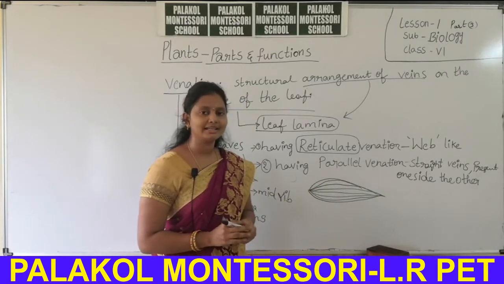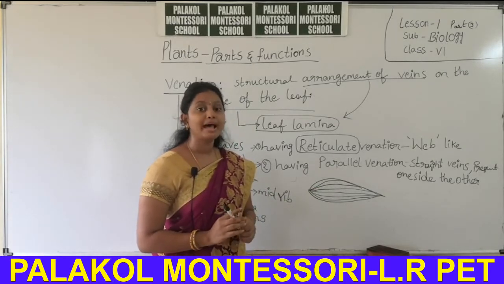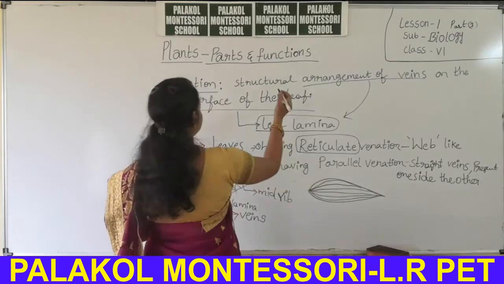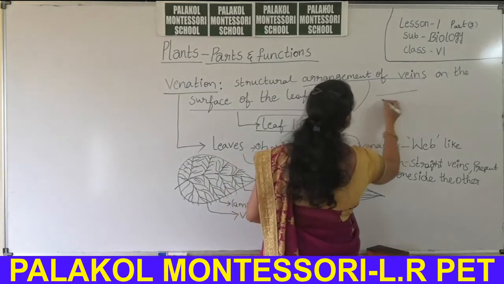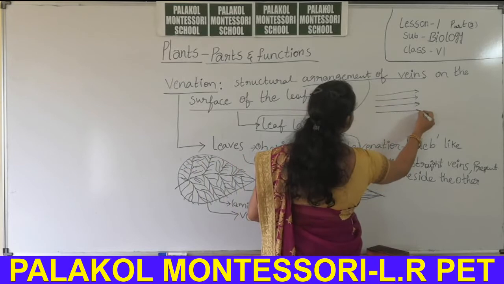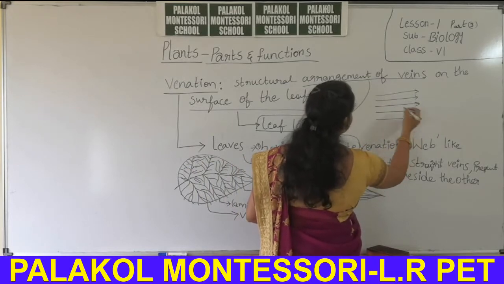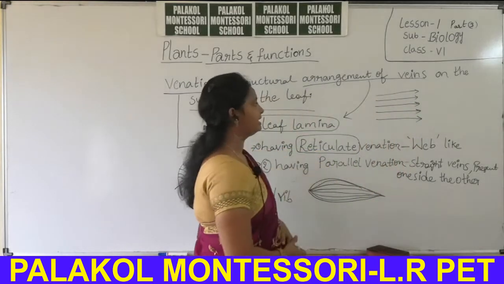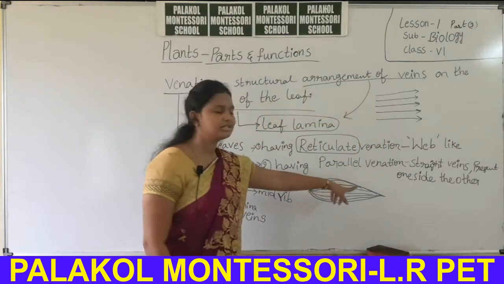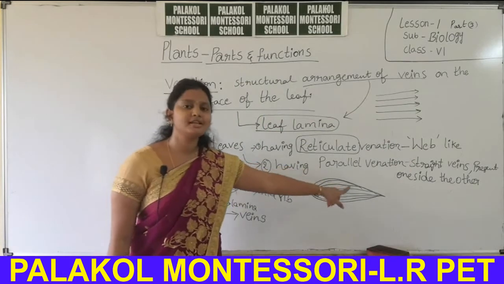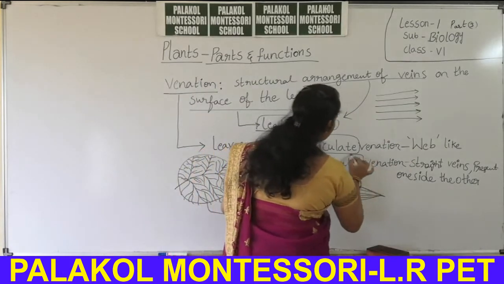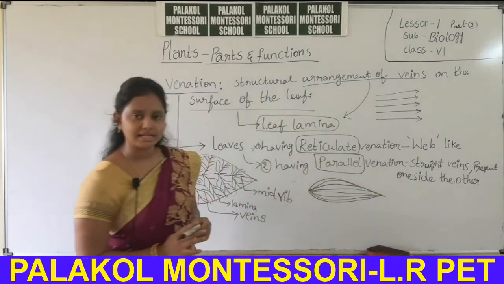In your mathematics, you have parallel lines, lines present like this. In this manner, the veins are also arranged on the surface of the leaf lamina. That's why this type of venation is called parallel venation.